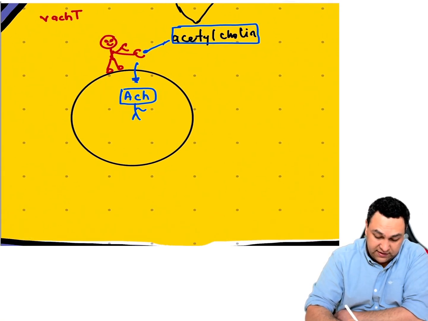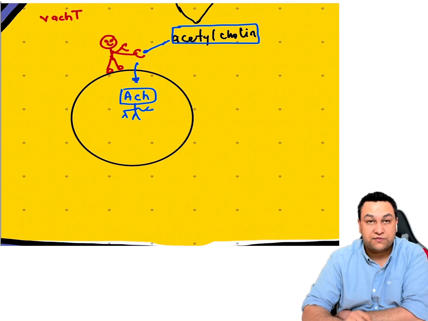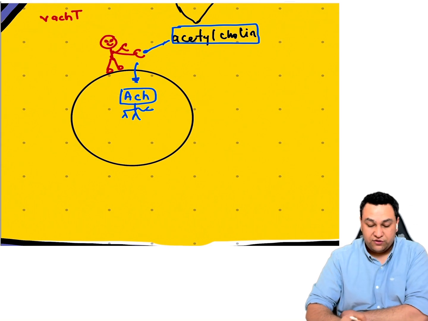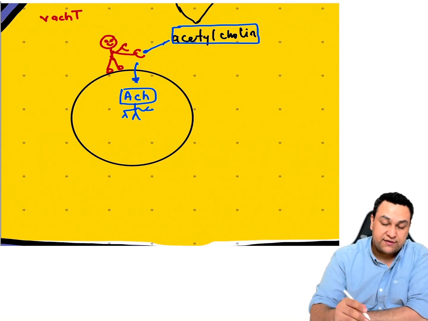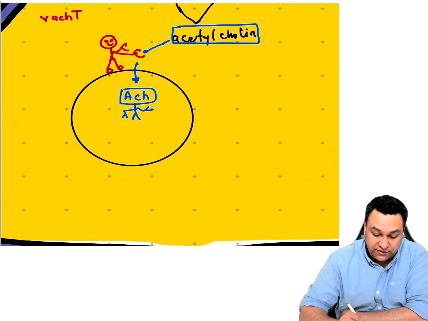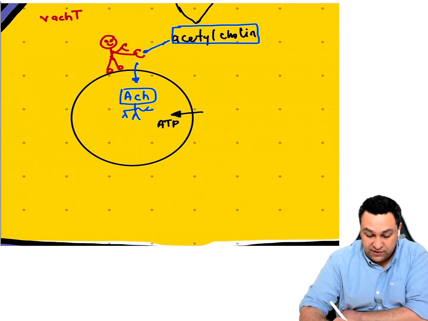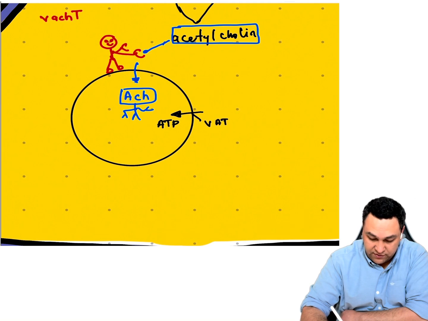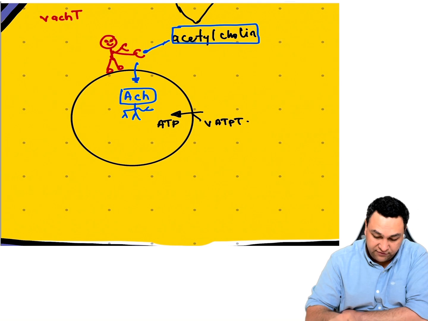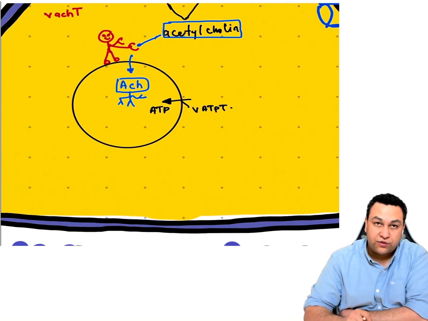Now the release also takes some steps, but before that, let me explain that there are also some other transporters, such as vesicular ATP transporters here. So some amount of ATP will also be stored in this section through the vesicular ATP transporters. So this is how the ATP and vesicular acetylcholine are formed and stored.